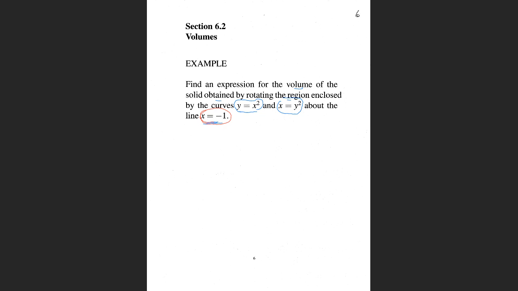The points of intersection, you could find that it's not too hard. We have y equals x squared and x equals y squared. So how would you find the points of intersection? Well, you could take x equals y squared and substitute it in the first equation.